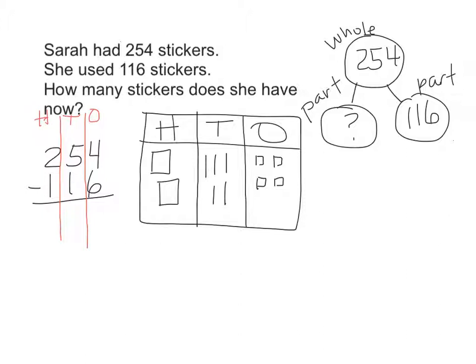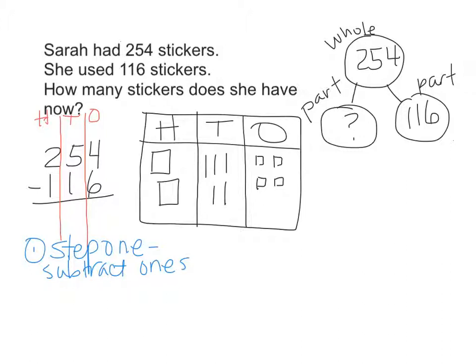Okay, now, step 1. What do we do, boys and girls? Subtract the ones. Well, you're right. We subtract the ones place. And make sure you're thinking that we have 4 ones.